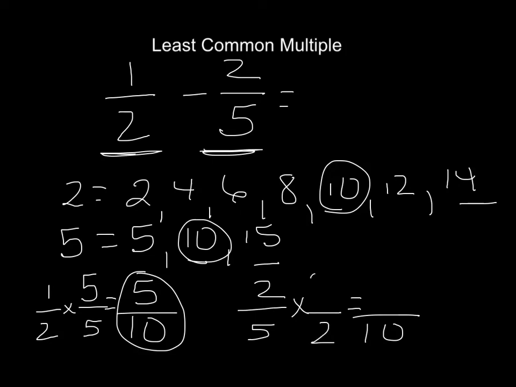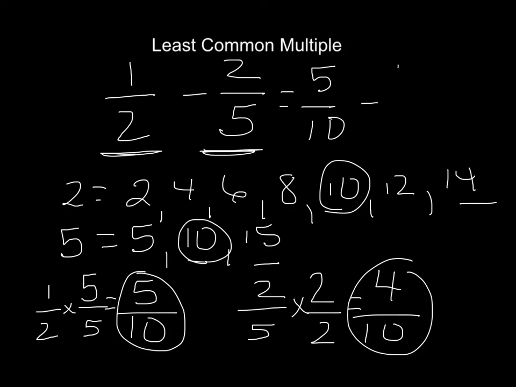Whatever I do on the bottom, I need to do on the top. 2 times 2 is 4. I have 4/10. So 1/2 minus 2/5 equals 5/10 minus 4/10, which is equal to 1/10.